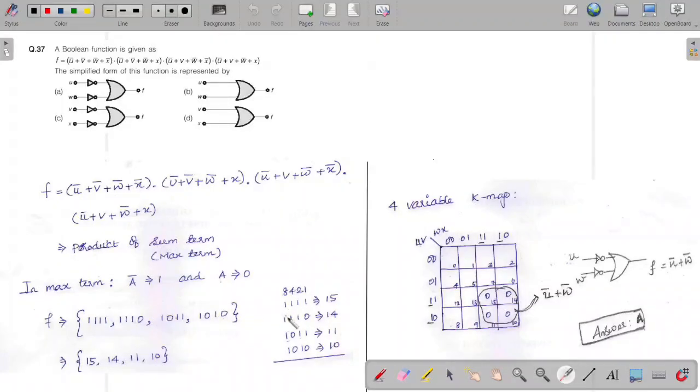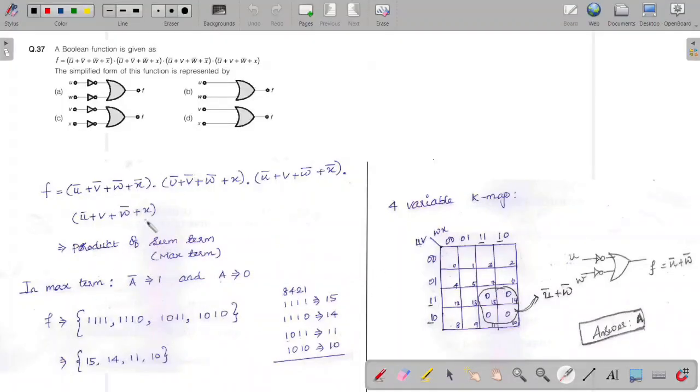We can convert to decimal using the 8421 code. So 1111 we can write as 15, 1110 as 14, similarly 1011 is written as 11, and 1010 as 10. So we can write the decimal version of the binary values as 15, 14, 11 and 10.